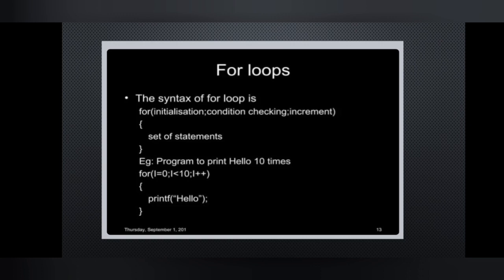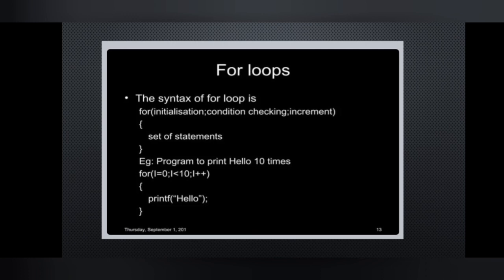The for loop has initialization, condition checking and an increment statement, and under it we have the set of statements. For example, if we want to print hello 10 times, then for i equal to 0, i is less than 10 and i plus plus.